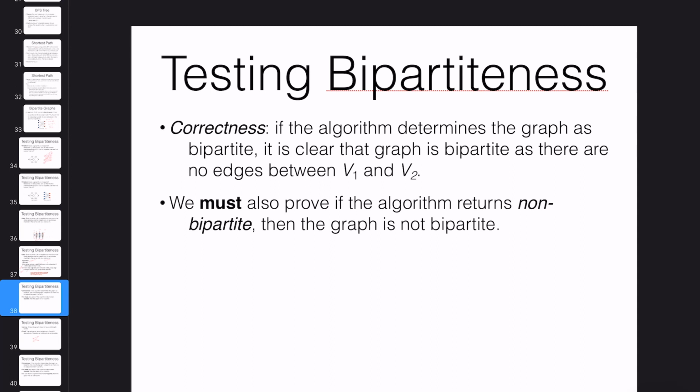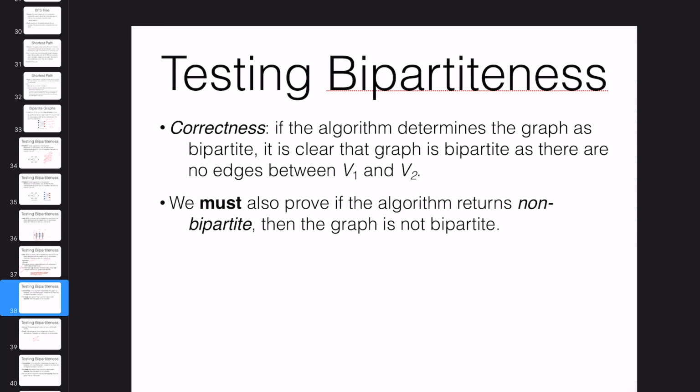In fact, we need to prove the correctness of the algorithm as well. The proof has two parts. If the algorithm says the graph is bipartite, you have to prove that yes, the graph is definitely bipartite. And if the algorithm tells you the graph is not bipartite, you should prove that definitely the graph is not bipartite. The first part, I think, is quite obvious.